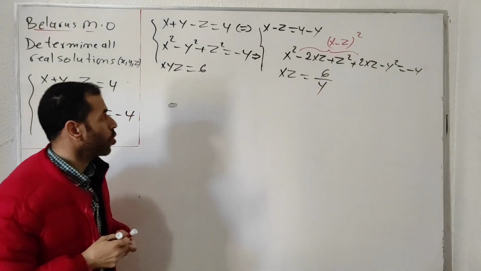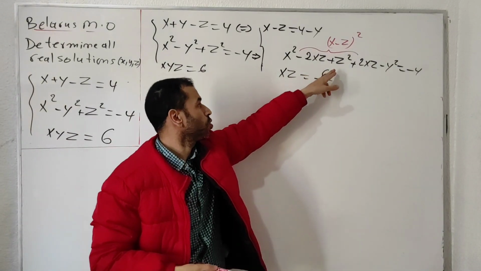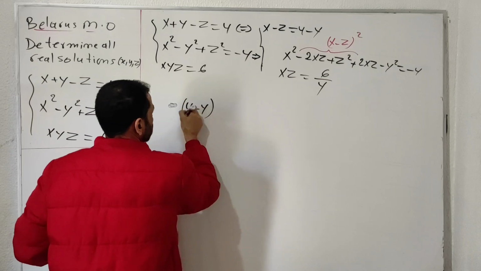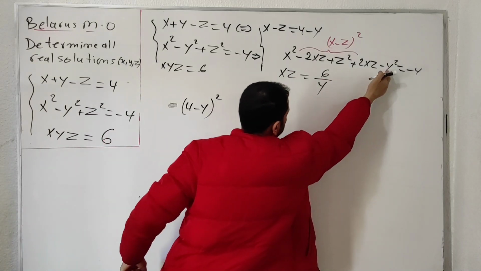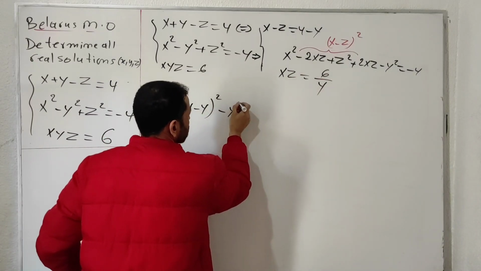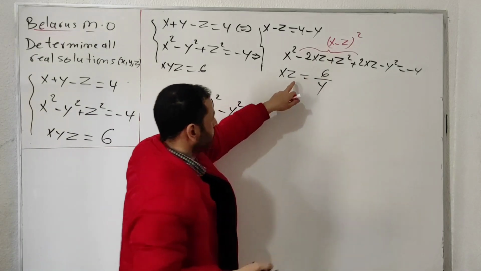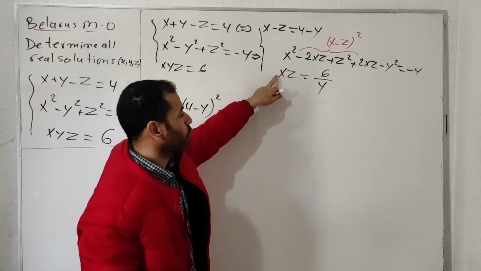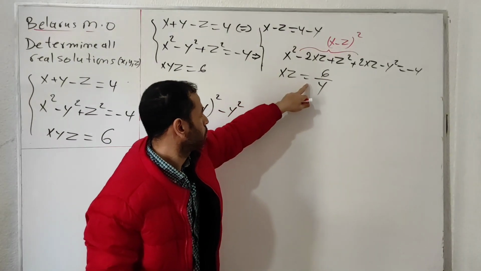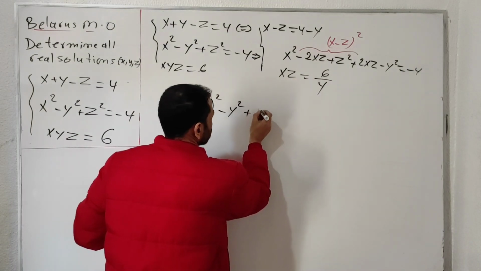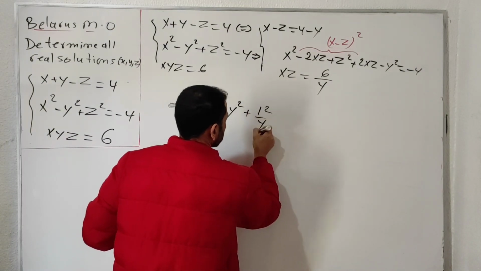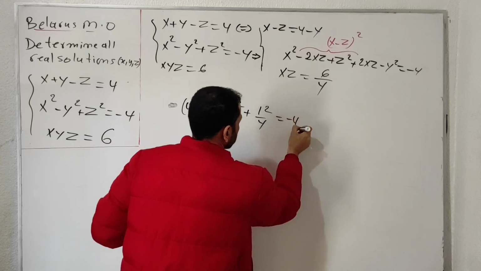Now I'm going to plug all this information into the second equation. It's (4 minus y) squared minus y squared, and 2xz will be replaced with 12 over y, because I multiply by 2 here. So I will have 12 over y equals minus 4.